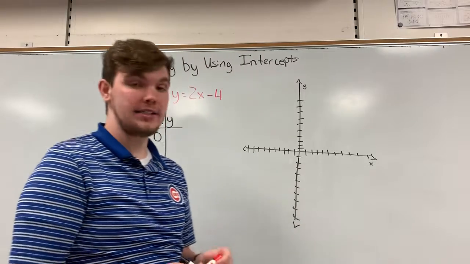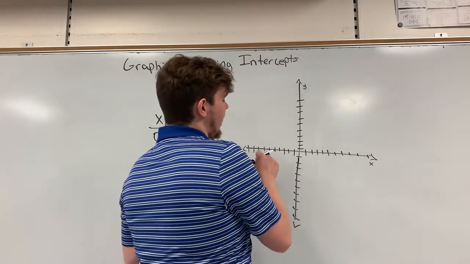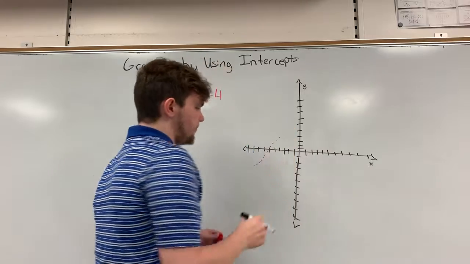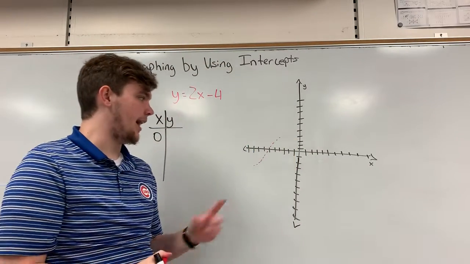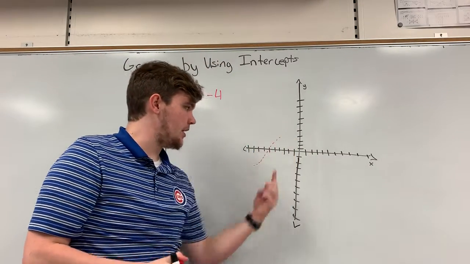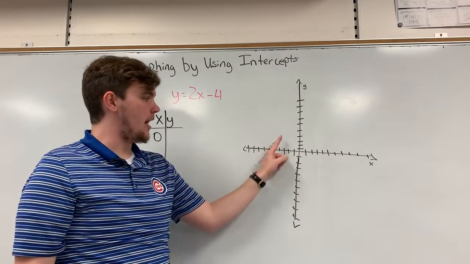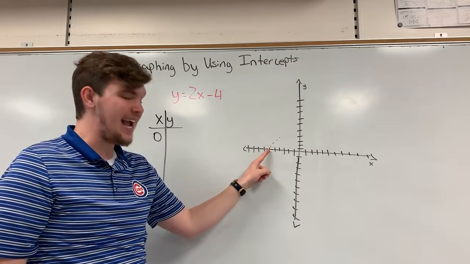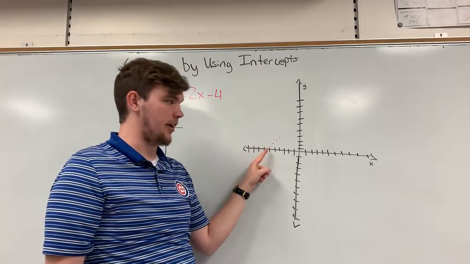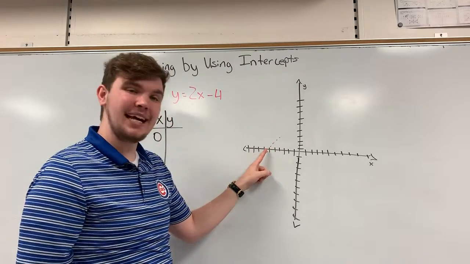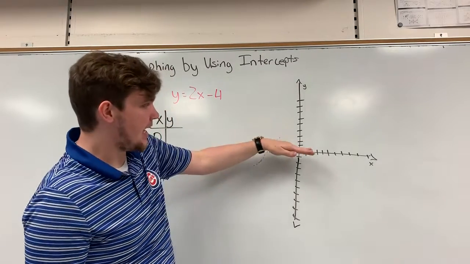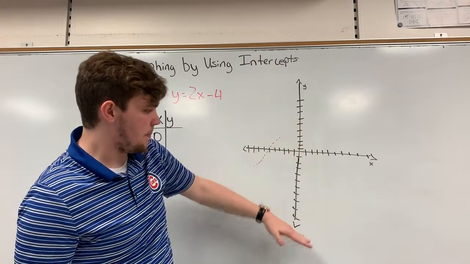For example, let's say I had a line that looked like this red one. This red line crosses my x-axis right there, and right at my x-axis, my line is not up and it's also not below.